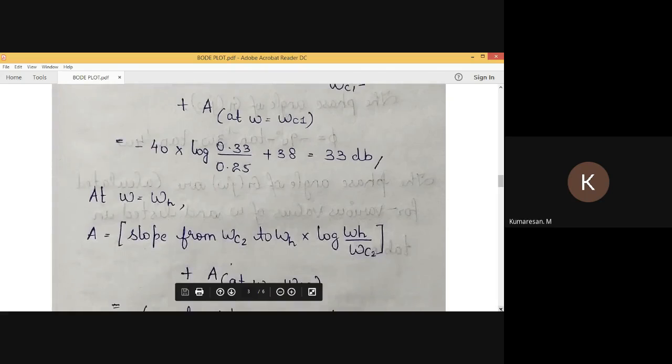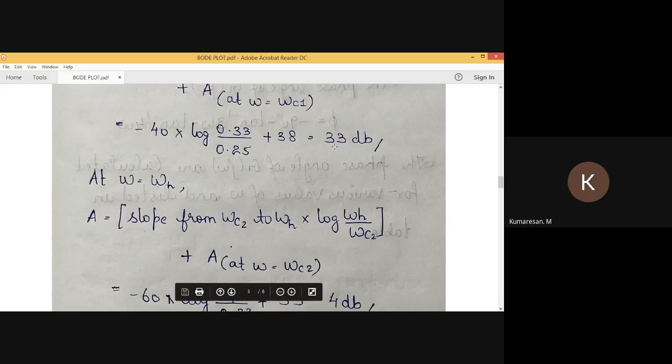Next, omega equal to the higher frequency. Here the slope changes to minus 60. So the slope changes from omega c2 to omega h, times log of omega h, the higher frequency, divided by the previous frequency omega c2, plus the amplitude we got from the previous step, 33 decibel.